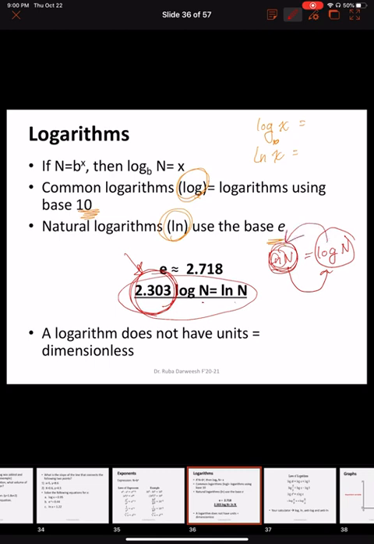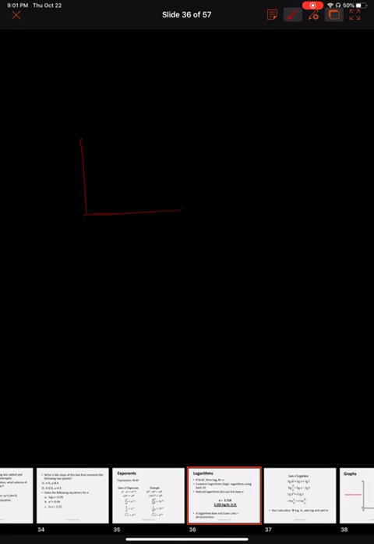One important thing also to remember is that either log, the common log to the base of 10, or the natural logarithm, they do not have any units. So they are unitless, which means that you'll find me writing concentration versus time as profiles. Let's say this is again an example, and we will see this when we have the IV or the rates of the reaction. Here will be milligram per liter, let's say.